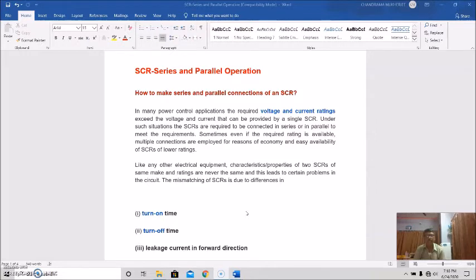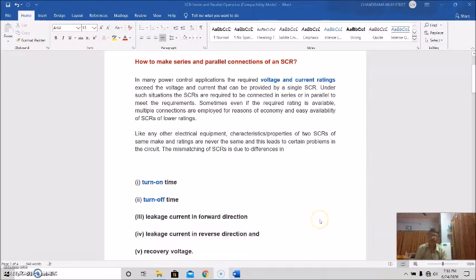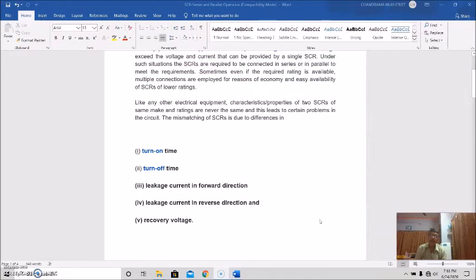Like any other equipment, the characteristics or properties of two SCRs of the same make and ratings are never the same, and this leads to certain problems in the circuit. Basically, it is very difficult to get two exactly similar components of the same ratings. This mismatching of SCRs is due to differences in turn-on time, turn-off time, leakage current in the forward direction, leakage current in the reverse direction, and of course recovery voltage.